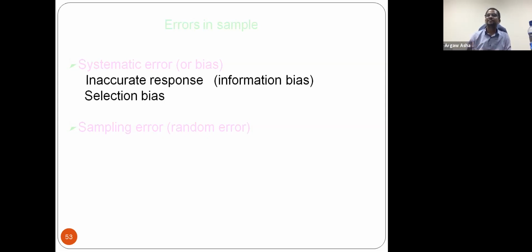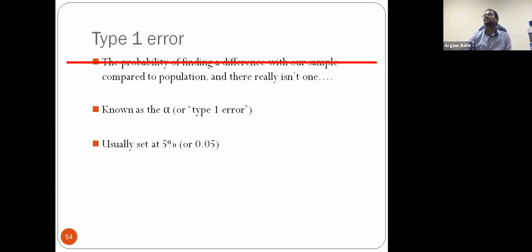Or you may have some sampling error whenever you are choosing the sample. If the samples are not the right sample, you may have some random error.